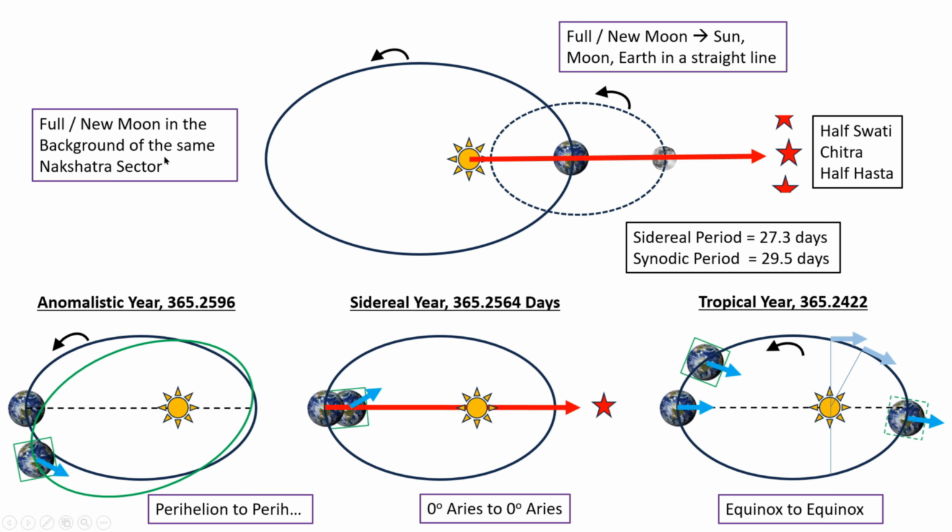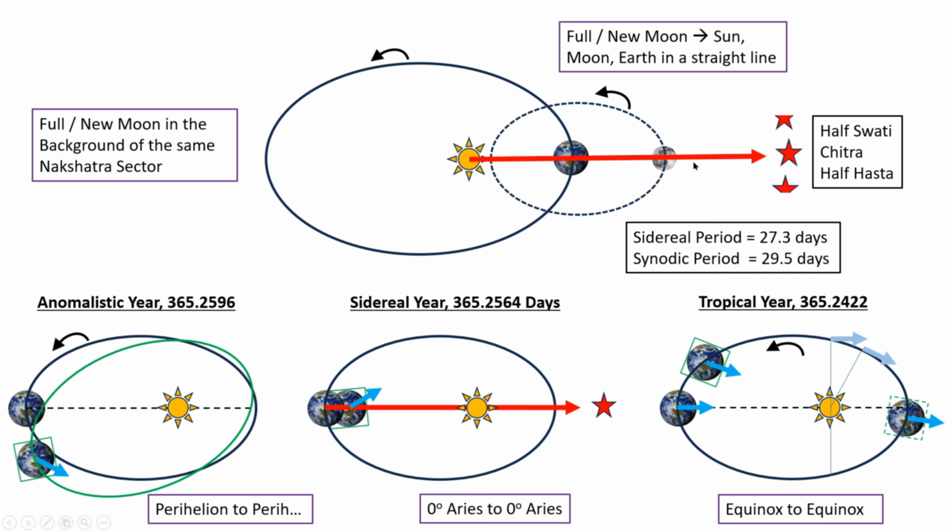So each full moon can be identified by the name associated with the background star group that appears. For example, if the full moon is with the background of this Chitra nakshatra, then the moon is identified as Chaitra Purnima or Chaitra full moon. Purnima is full moon, so this will be Chaitra Purnima.